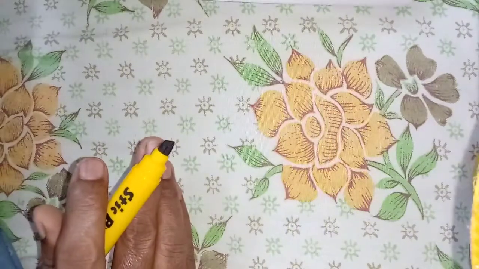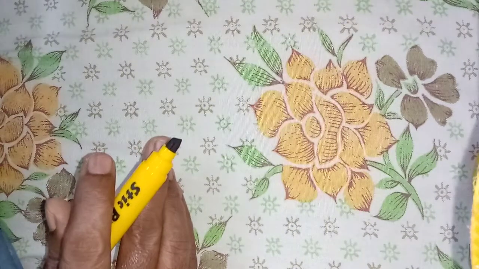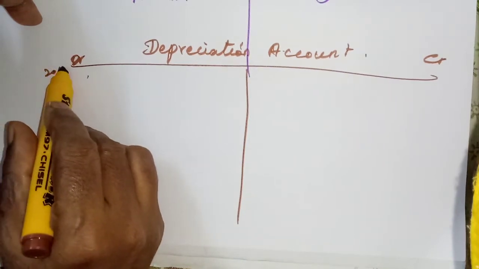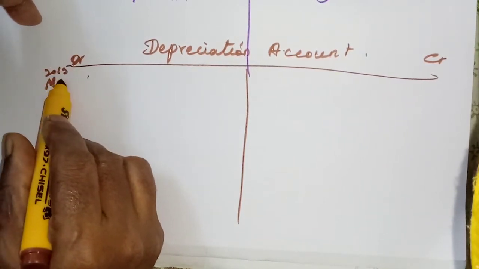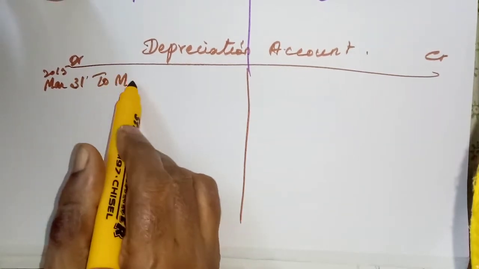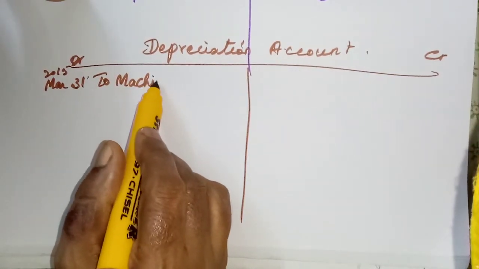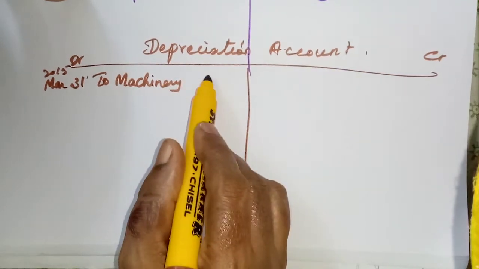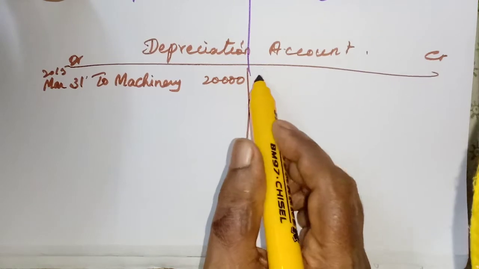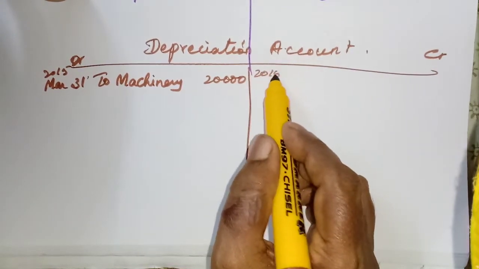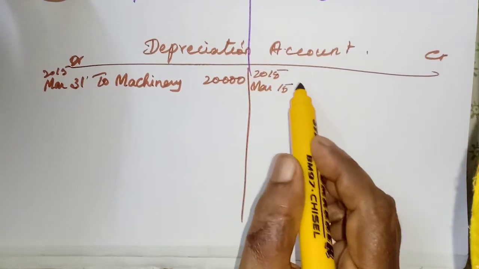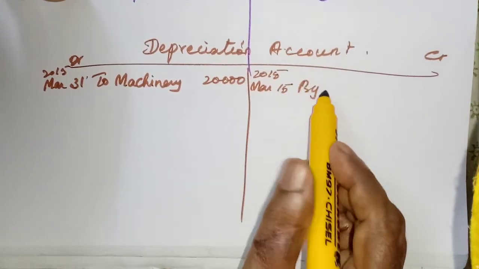First entry is depreciation account debtor to machinery account. Year ending 2015 March 31, to machinery account 20,000. Then on the same date we need to transfer this to profit and loss account.